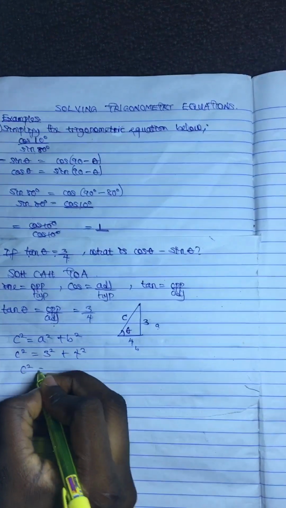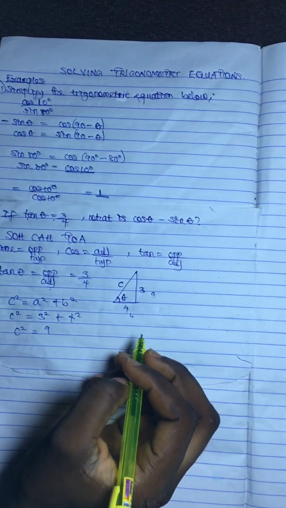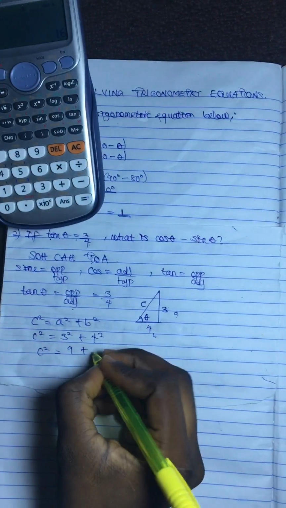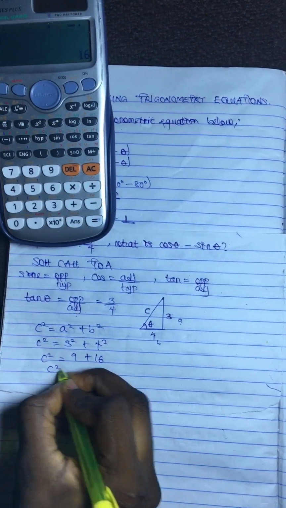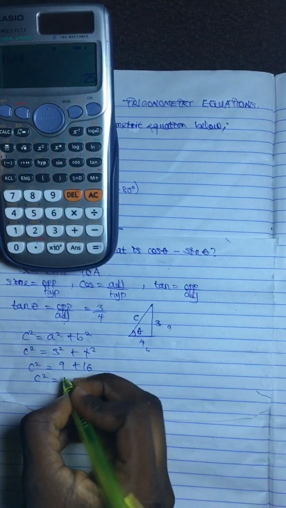So c squared equals 3 squared plus 4 squared. What's 3 squared? 3 squared is 9. And 4 squared, 4 raised to power 2, gives us 16. So c squared equals 16 plus 9, that is 25.